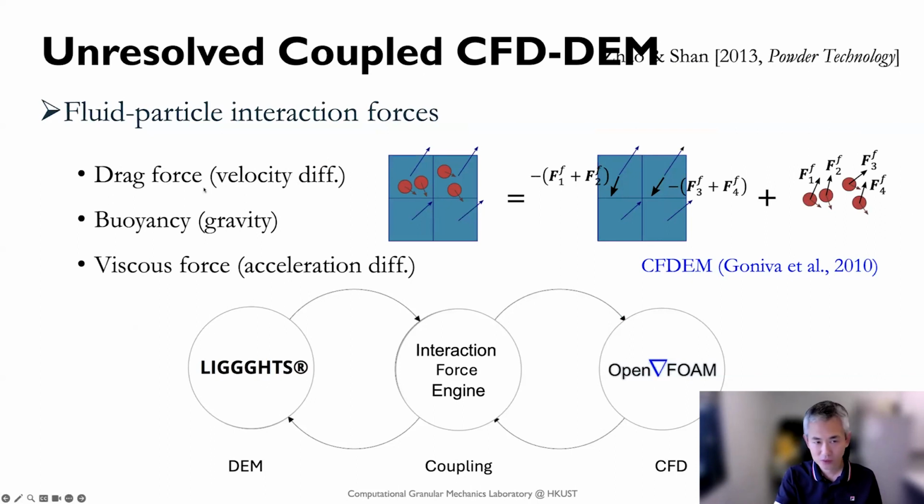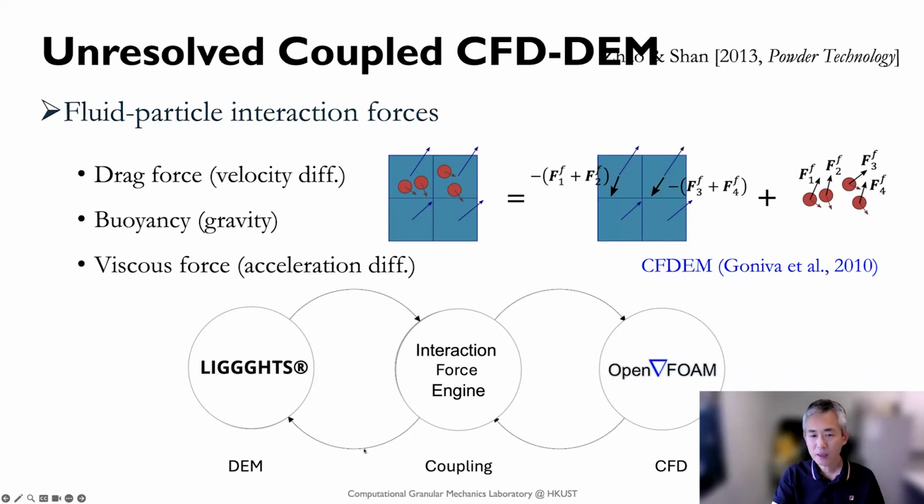Here, that's drag force, and the buoyancy is mainly due to gravity, and there are also viscous forces that we can consider. For the viscous force, the physics is according to the acceleration difference. If fluid and particle have different accelerations, this difference in acceleration will cause a viscous force. We can use certain mathematical descriptions to describe it.